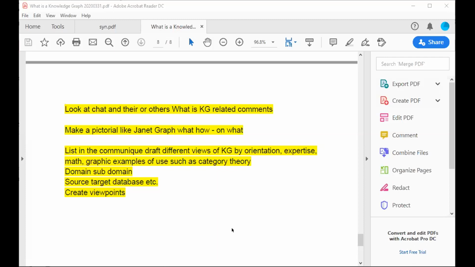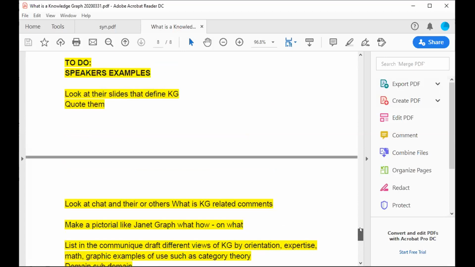Okay, with that, I think we should adjourn since we've reached the end of the hour. Just Ken, what you have on the screen, can you hear me? The yellow highlighted portion is what I think remains to be done. If you can scroll slightly up, it starts there, but it ends here. We still have to analyze what speakers have said about knowledge graphs.